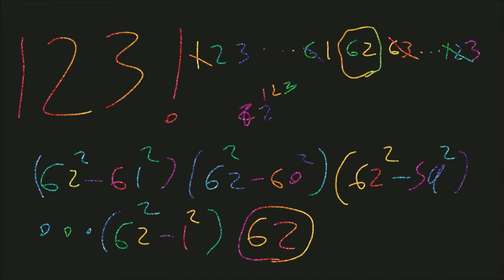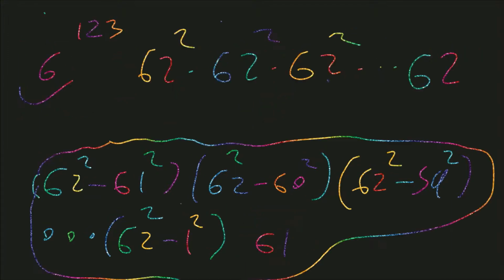So now we're going to compare this number series with the other number. How can we compare this number to this number? As you can see, this product is written in terms of squares of 62s. So to compare, we're going to write this power of 62, my apologies, we're going to write this power of 62 in terms of squares of 62s.